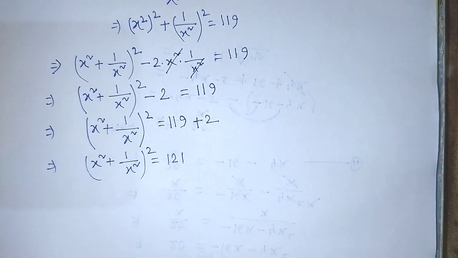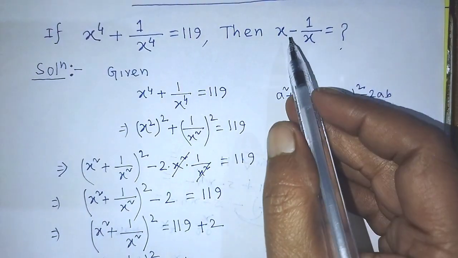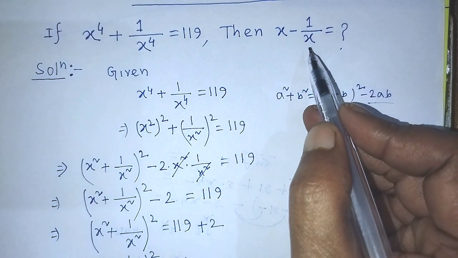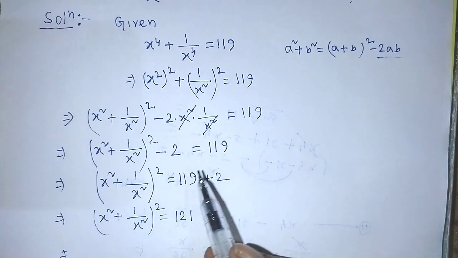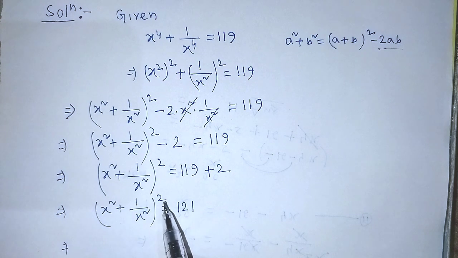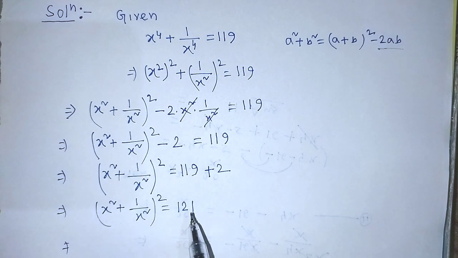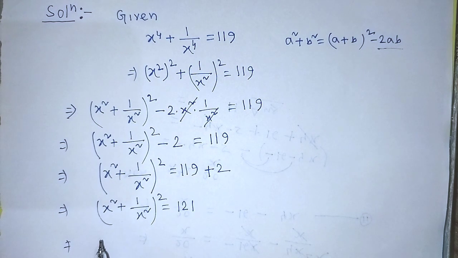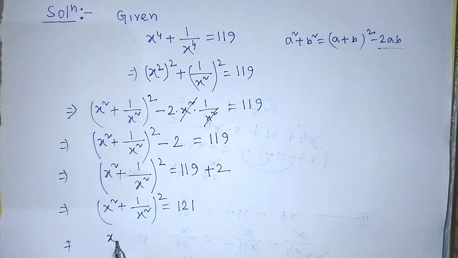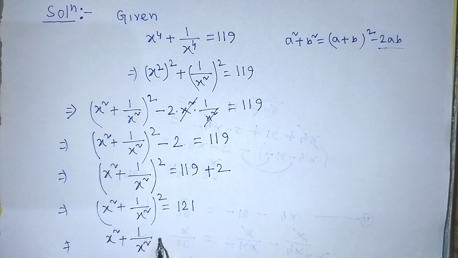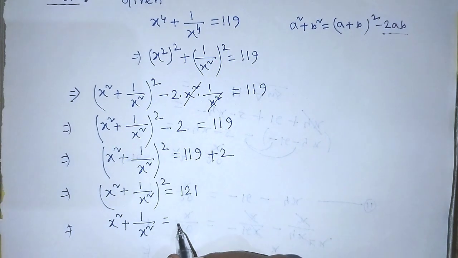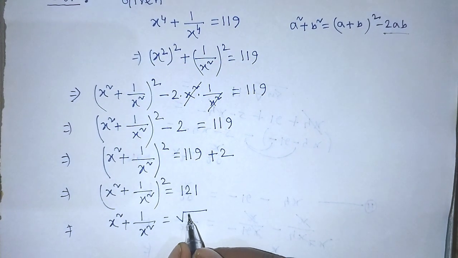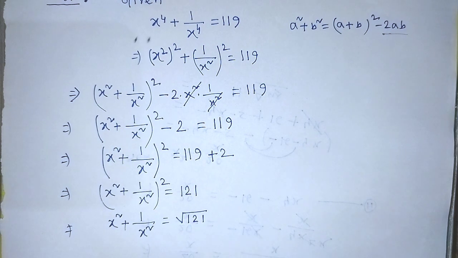So student, to find the value of x minus 1 over x from this equation, we have to transpose the power 2 from left hand side to right hand side. So now on the left hand side we have to write x square plus 1 over x square is equal to the square root of 121.